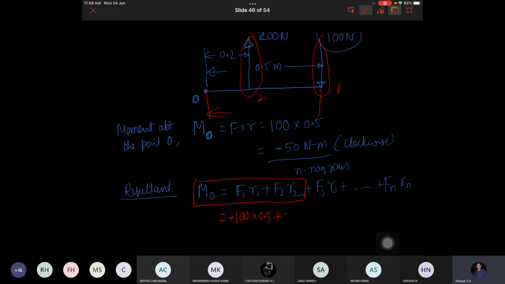So plus 200 into the perpendicular distance, which is 0.2. If you calculate the first one, it will be minus 100 into 0.5, which is minus 50. And 200 into 0.2 is 40. So the total effective will be minus 10 Newton meter.